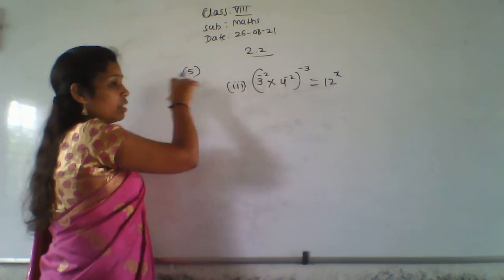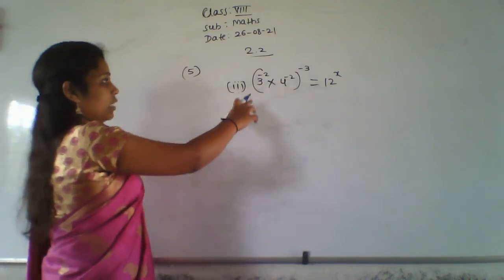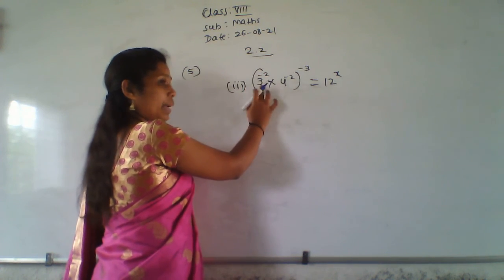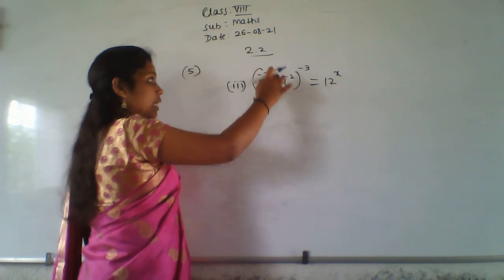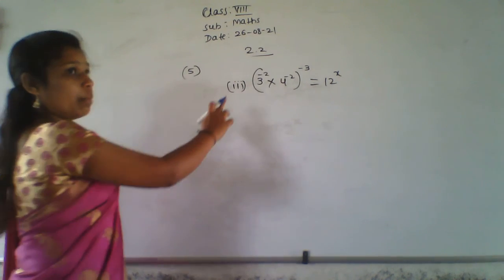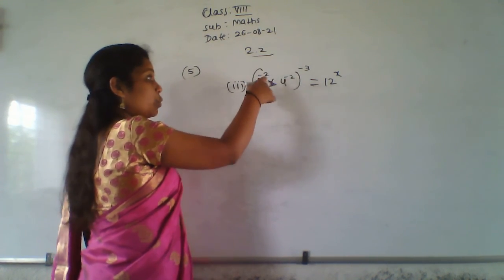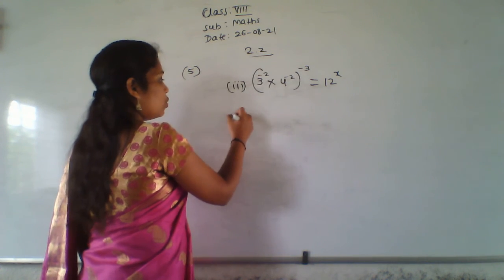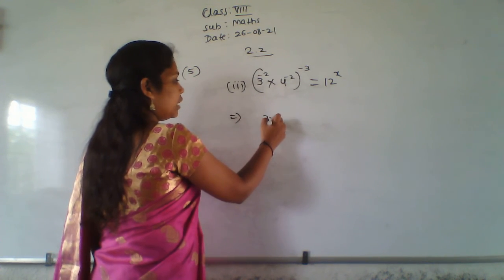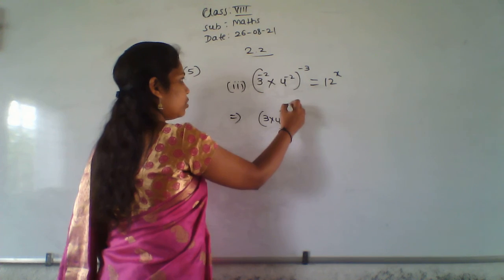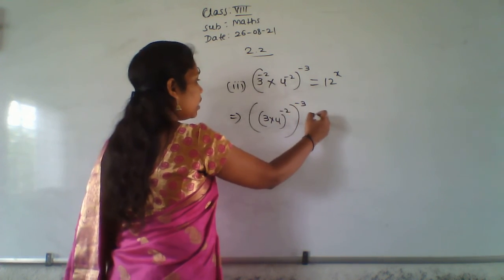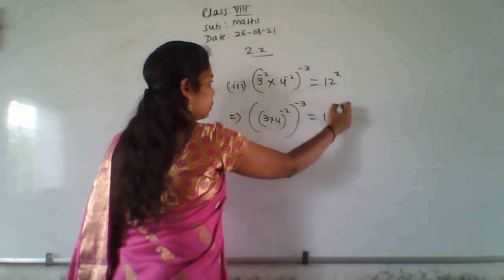So first simplify the LHS value. See here, these two bases are different but the powers are the same. It means a to the power m into b to the power m, we can write as (ab) whole to the power m. So which implies (3 into 4) whole to the power minus 2, next whole to the power minus 3, is equal to 12 to the power x.